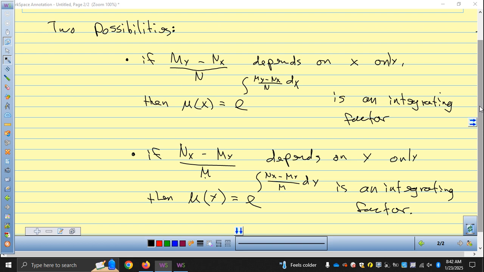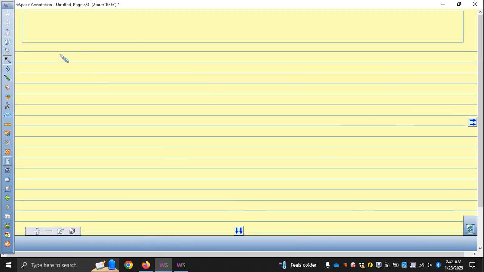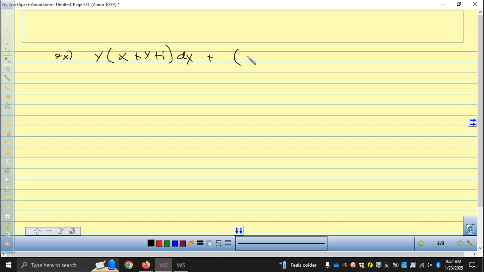All right, so I just want to go through an example. In my experience, this thing doesn't come up that much, using this integrating factor, but sometimes it comes up. y times (x plus y plus 1) dx plus (x plus 2y) dy equals 0.